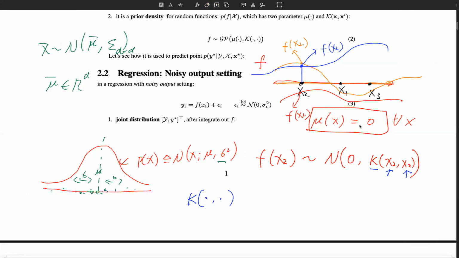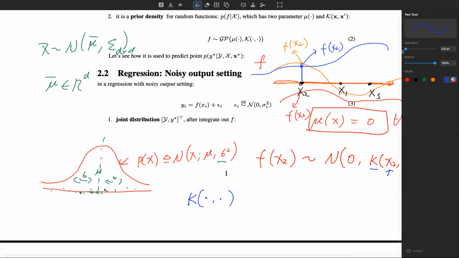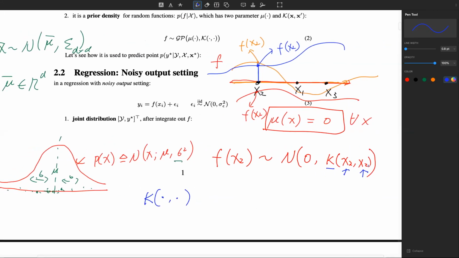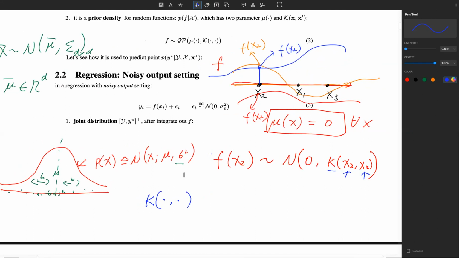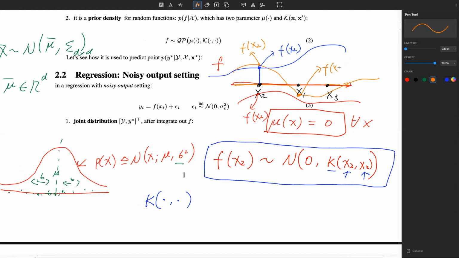Okay, so if I look at this particular function, this is a 1D Gaussian, right? Now I wanted to do the same thing. If I look at this value here, this will be f of x1, and this guy here is another realization of f of x1, and so is the blue one here.